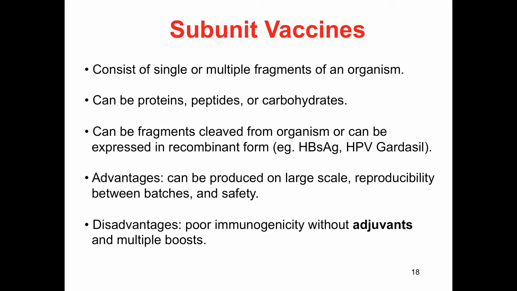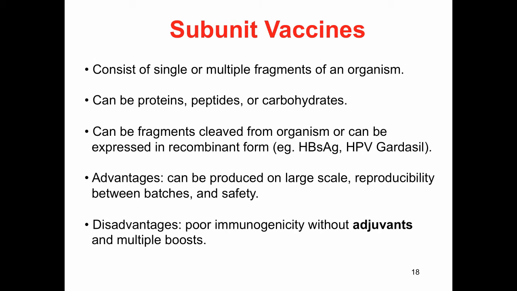Another class of vaccines can be referred to as subunit vaccines, and in this case, instead of using whole organisms, what they consist of are single or multiple fragments, usually of proteins or other molecular portions of the microorganism, and these can be proteins, peptides, or carbohydrates.